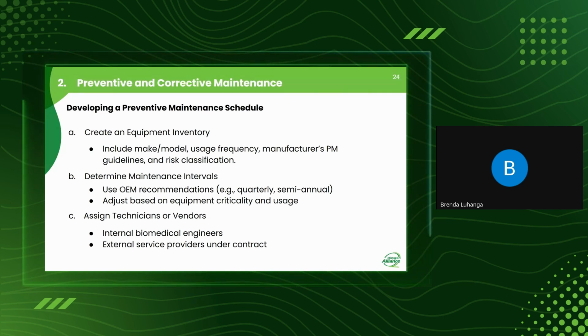Then from there, you should assign the vendors or technicians that are going to work on the maintenance of equipment. You can choose to have your biomedical engineers work on the maintenance of equipment, or you can use other contractors from outside to come and do the maintenance if you do not have the tools or the capacity to do your own maintenance.